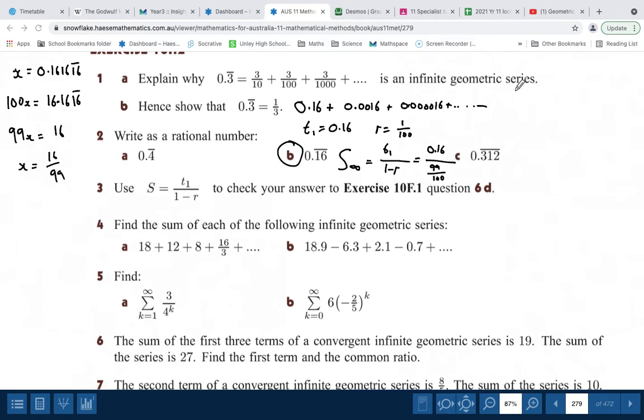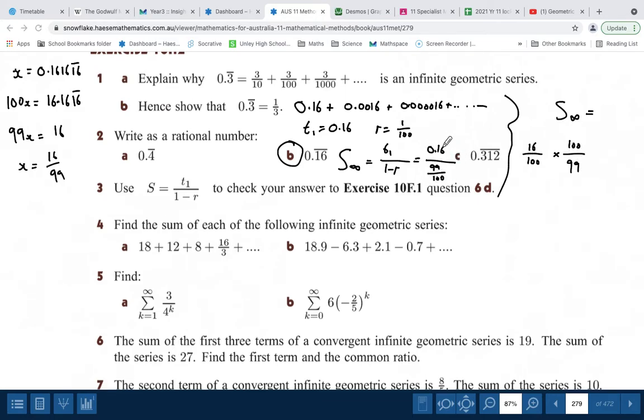So just going over here, let's say our infinite series, or the sum of all these terms, is 16 on 100 multiplied by 100 on 99, right? So I'm doing this division here.